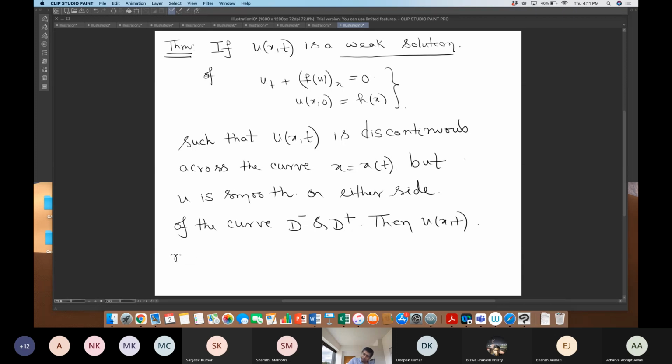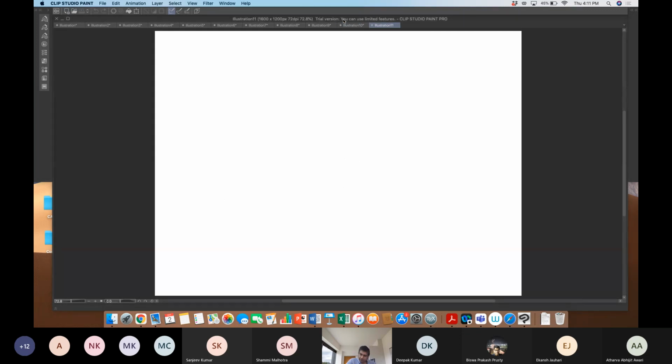u(x,t) must satisfy the condition that x prime of t is equal to f of u minus minus f of u plus, divided by u minus minus u plus.